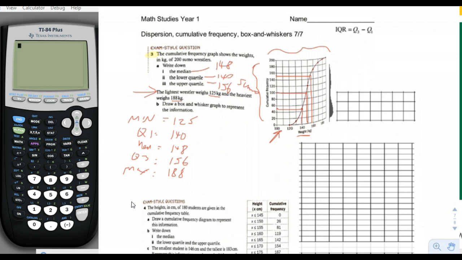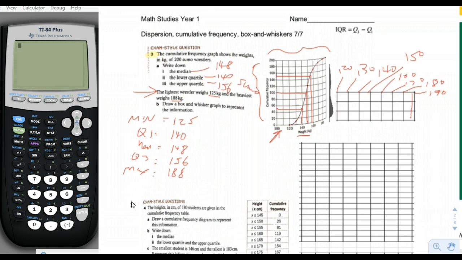So let's mark here 120, 130, 140, 150, 160, 170, 180, and finally 190. The maximum is at 188, so it's very close to 190.